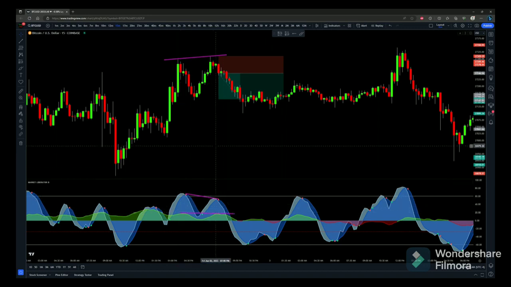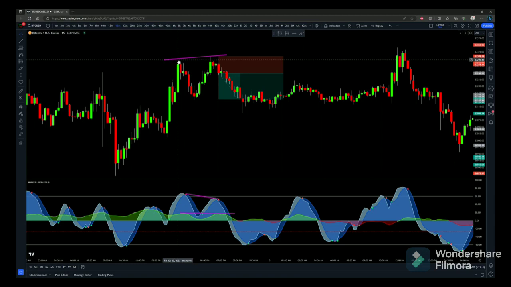And the rules for this strategy for entering a short position are, first, we do need to see the blue waves come up into the overbought territory, okay? So above this upper line here, and that's the 60 level. Overbought territory, blue waves. The next thing we need to see is green waves, regular bearish divergence, okay?